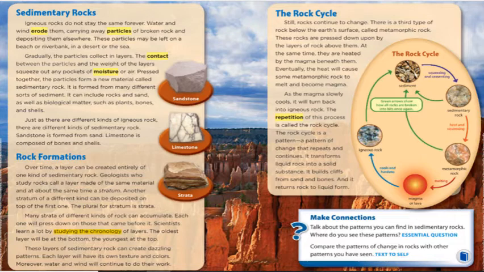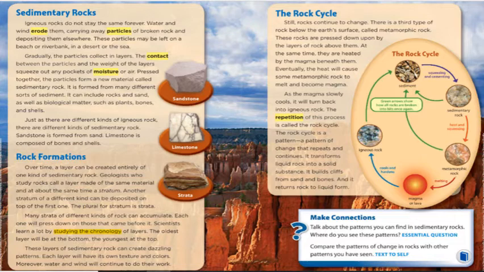So here when we say strata, we mean more than one stratum. Many strata of different kinds of rock can accumulate. Each one will press down on those that come before it. Scientists learn a lot by studying the chronology of layers. The oldest layer will be at the bottom, the youngest at the top.